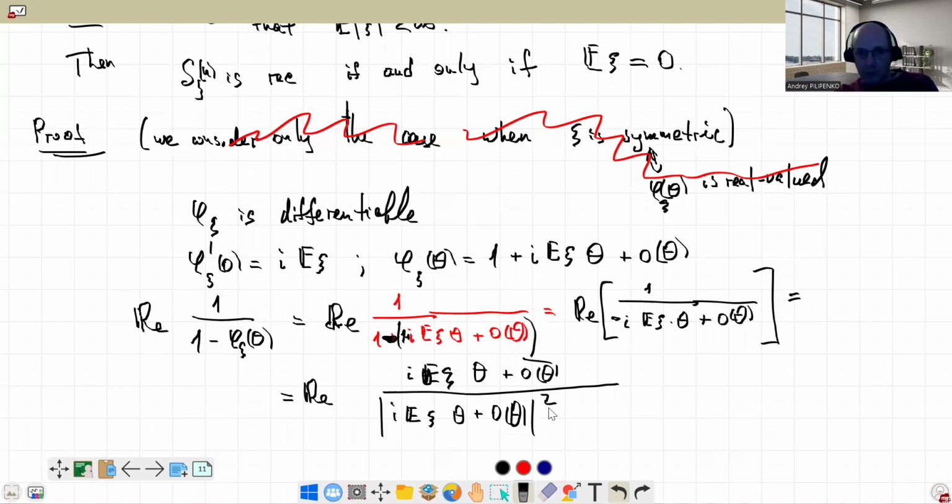And the real part of this is the real part of O small of theta, conjugate or without conjugation, divided by the absolute value squared of I expectation of psi theta plus O small of theta.